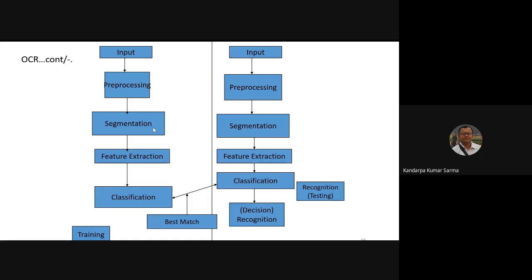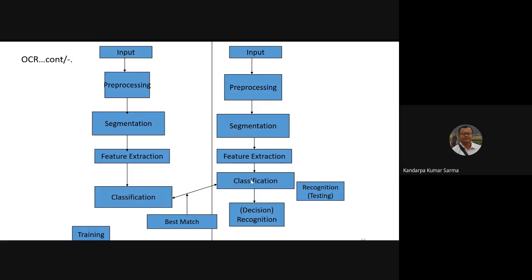Once you have the characters, you do feature selection and feature extraction. Then you train a classifier that will generate the class codes. This is done during training, and the same flow shall be seen in the testing part also.